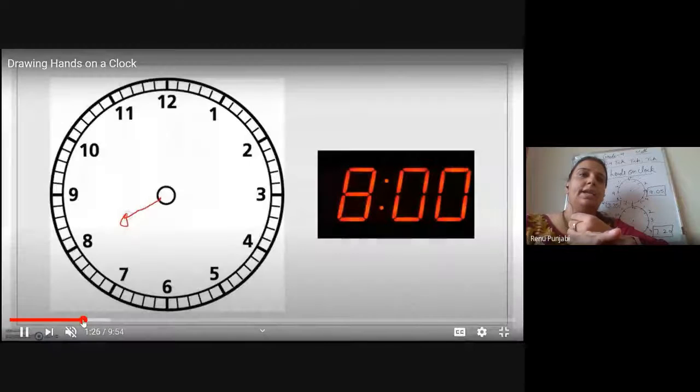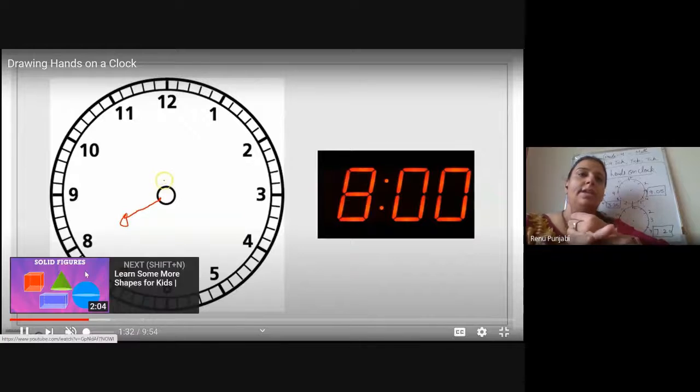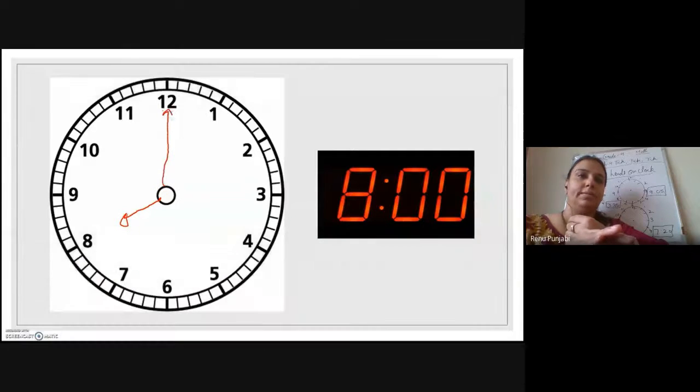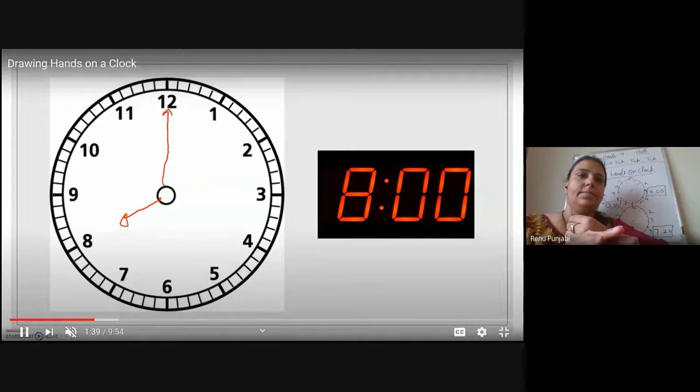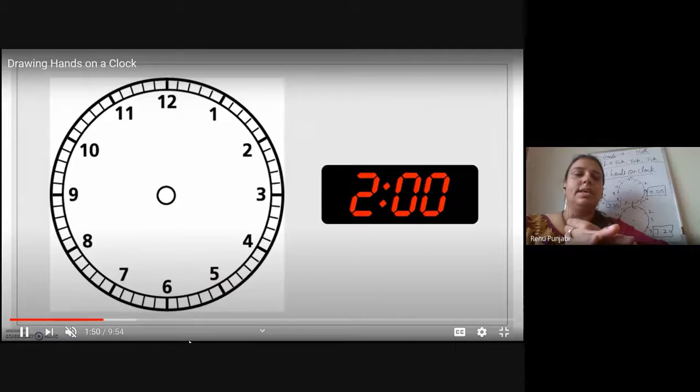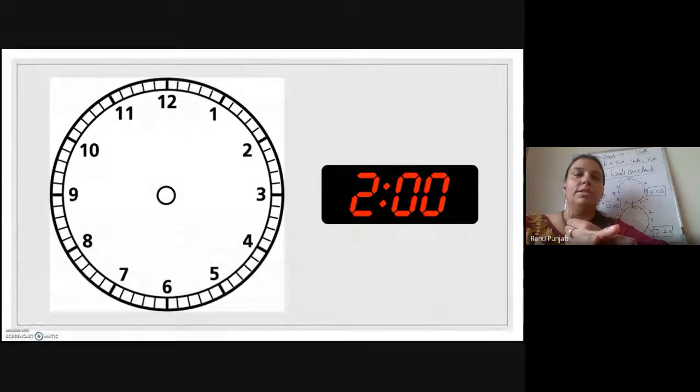See, the short hand is on 8 and the long hand is from the center to the 12. Go to the next. This digital clock is showing 2 o'clock. Now let's see how to draw this.